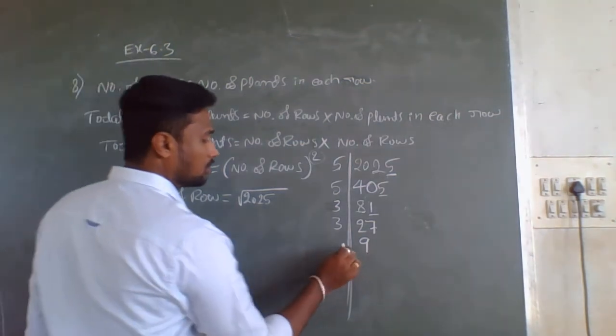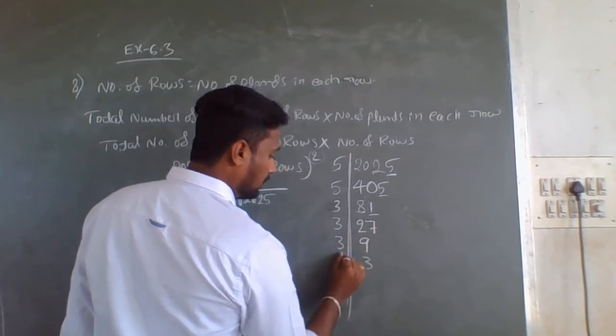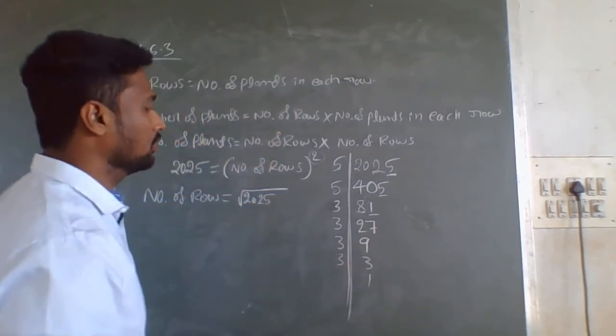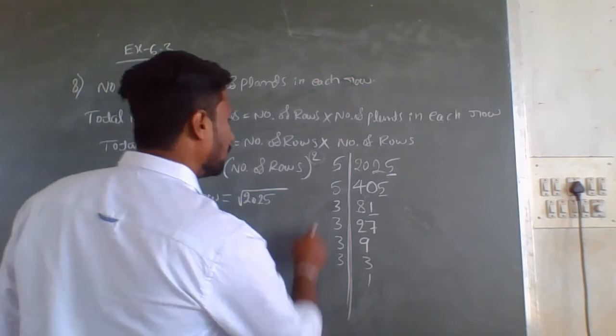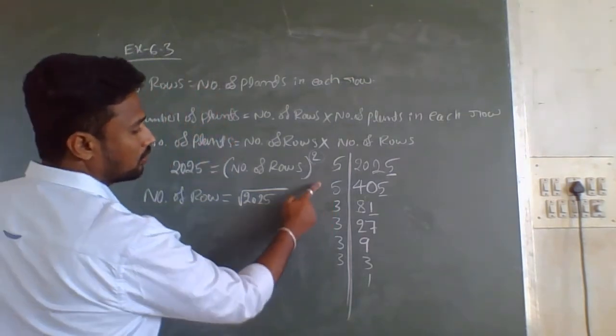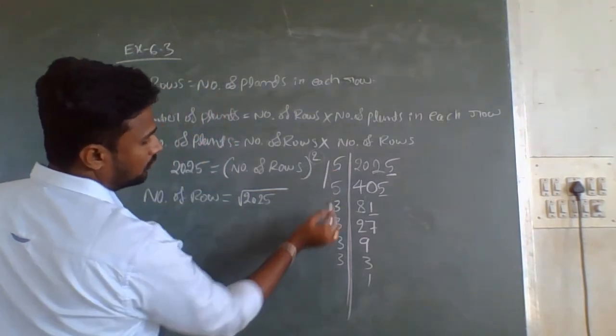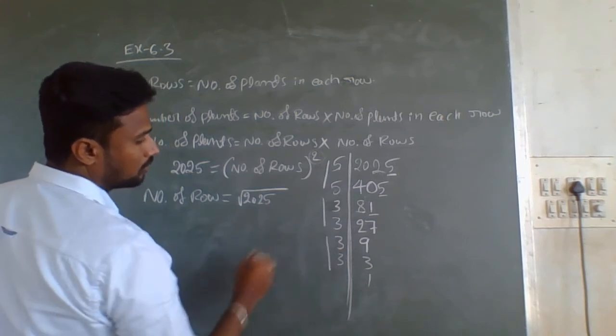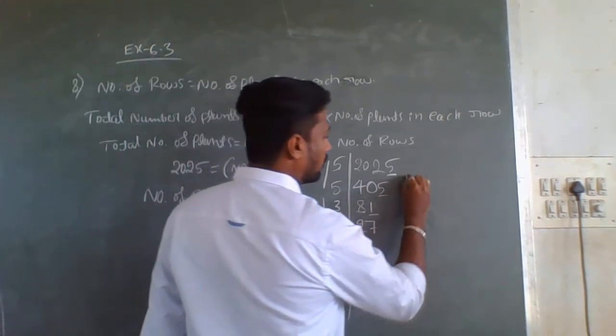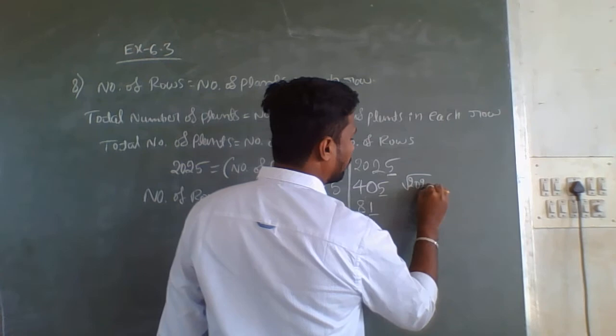Again 9 means 3 threes are 9, 3 ones are 3. So what we got is 5 into 5, 3 into 3, 3 into 3. So the square root of 2025.